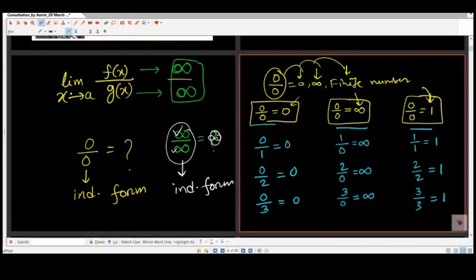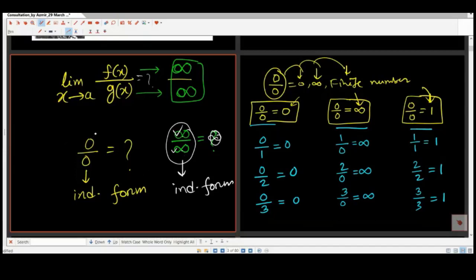Whenever we evaluate the limit of f of x over g of x as x approaches a, if we have 0 over 0 or infinity over infinity, then we can't exactly say what the result of the limit is. The limit may exist or may not exist. So 0 over 0 and infinity over infinity are called indeterminate forms.